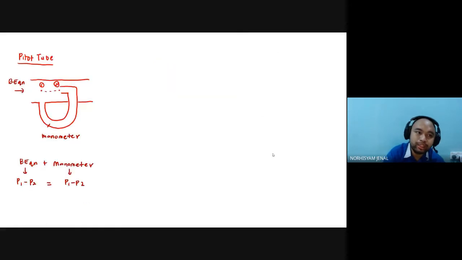And the next one will be the pitot tube plus manometer. For this question, for example, what happened here? We have a manometer here, and then we have flow coming in from point 1 to point 2.